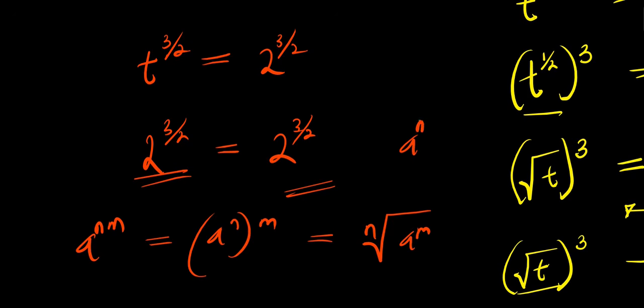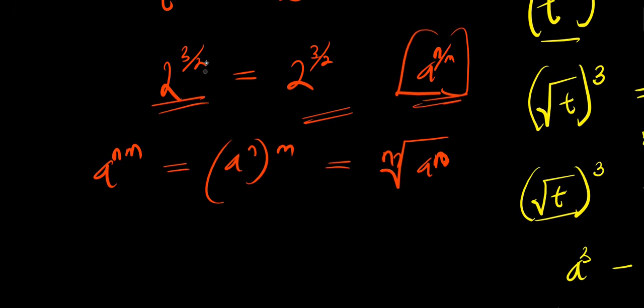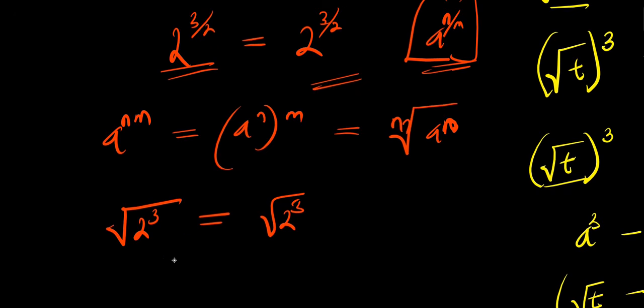That means if you have a power n over m, this equals the m root of a power n. So you apply it here. That means this becomes the square root of 2 power 3 equals square root of 2 power 3. Applying it here, this becomes square root of 2 power 3, which is 8, equals square root of 8.